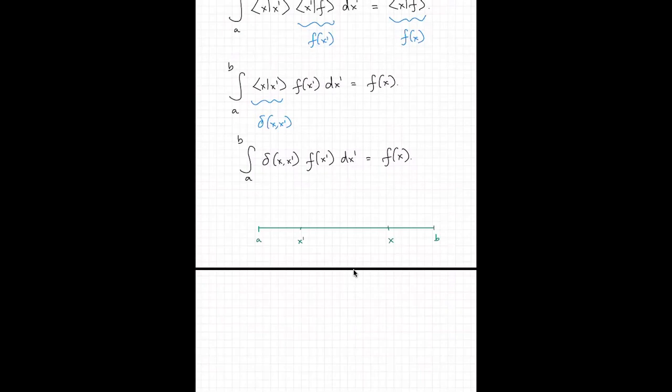So look at this integral equation. This is rather strange because I'm multiplying f of x prime, the value at x prime, by some function such that this gives me the value f of x.